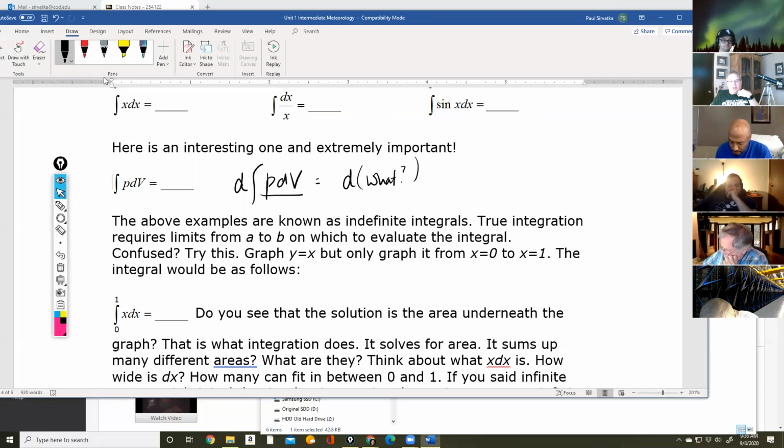So what I'm saying is that this is a function times how volume changes. But do you agree that pressure is a function of volume? Do you understand when I say pressure is a function of volume? What's a better way to say that?